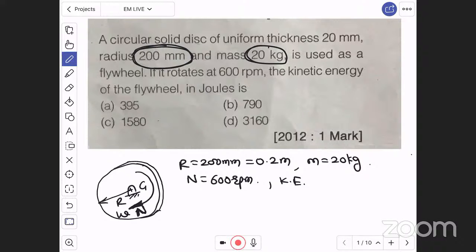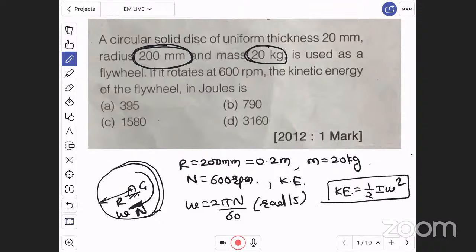Now we can say omega is nothing but 2 pi N upon 60. ये तो आपको मालूम है, basic concept है ये. Omega, angular velocity, is equal to 2 pi N upon 60, in rad per second. And my dear students, the kinetic energy for rotation is 1/2 I omega square.